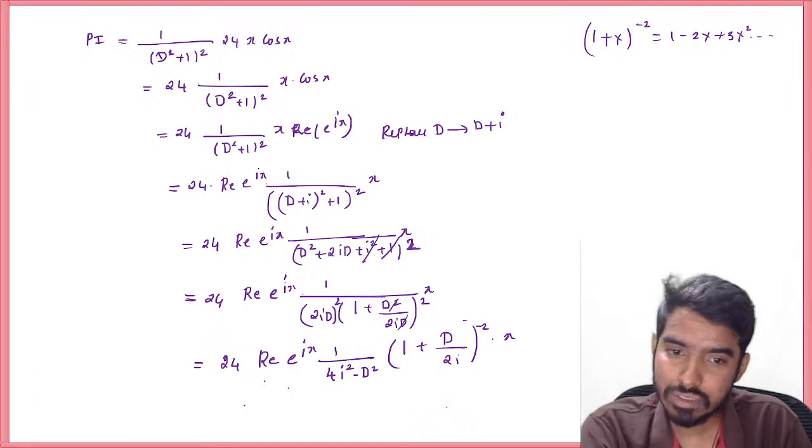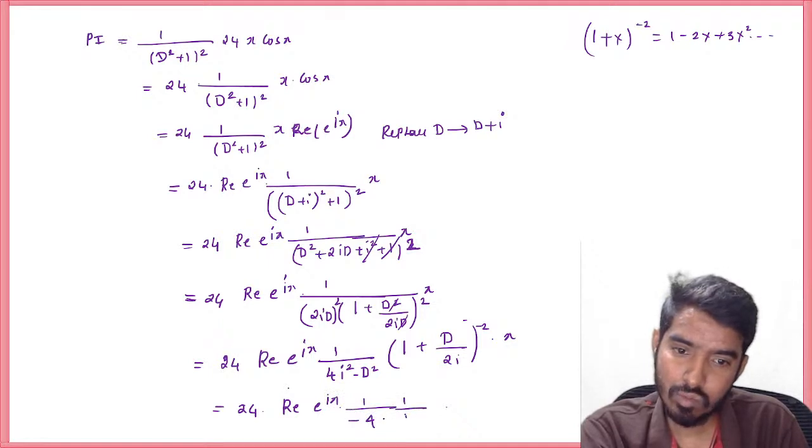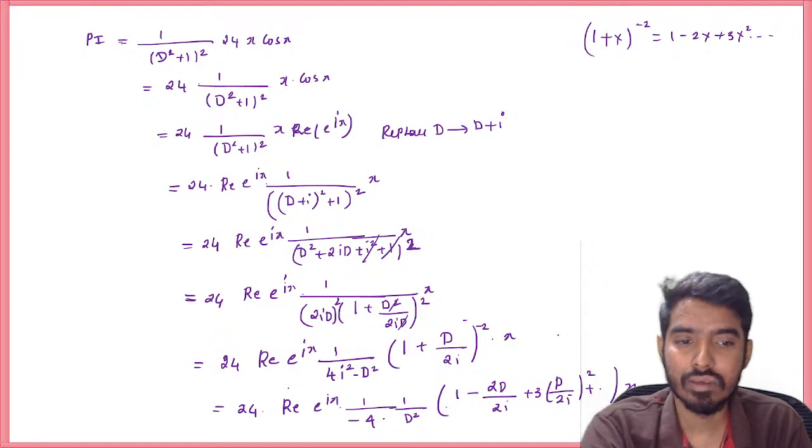So we will have this term to be equal to 24 real part of e power ix will be minus 4 and this will be 1 by D square of 1 minus 2x plus 3x square and so on, but I don't want to consider the term D by 2i whole square and so on into x, right?